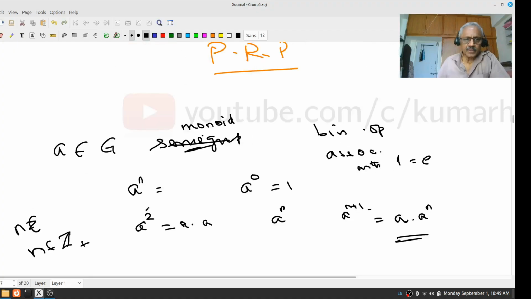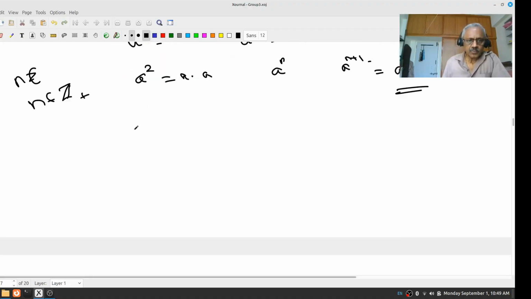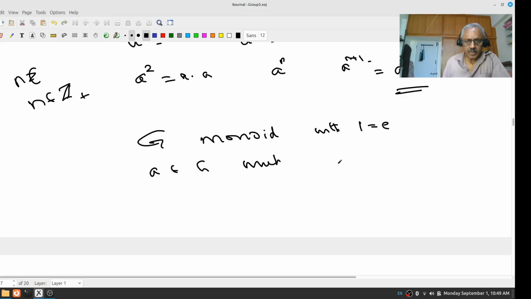Now what we want to do is, if G is a monoid with identity equal to 1, and if A is a unit, then for any integer n we want to define.